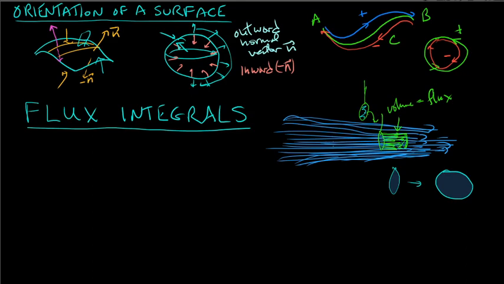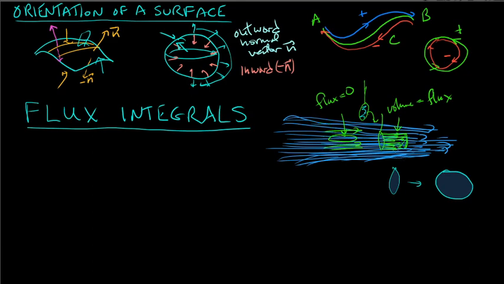Of course, if I turned my loop sideways like this, then water's flowing across it, but not through it. So by turning the loop in a specific direction, I can get the flux to be 0 because no water's flowing through it. It's just flowing over it or around it, but not through it.